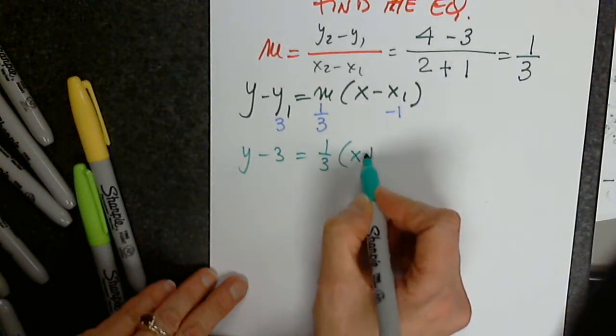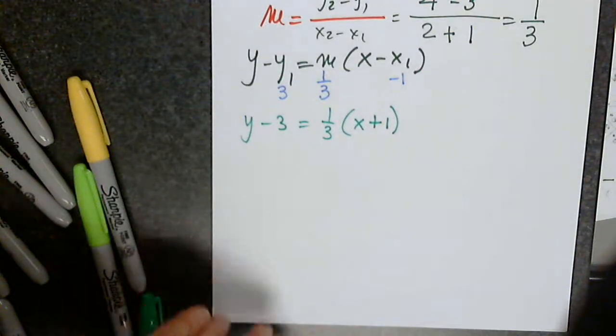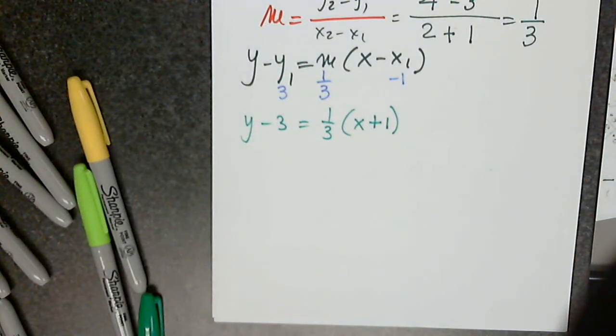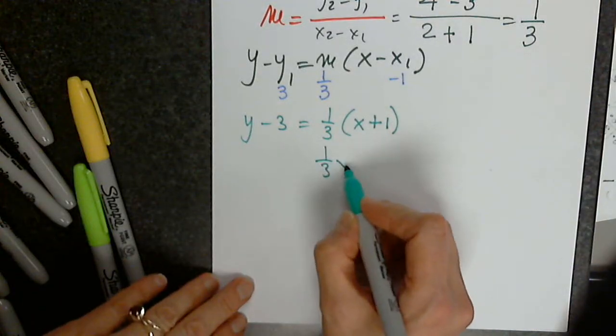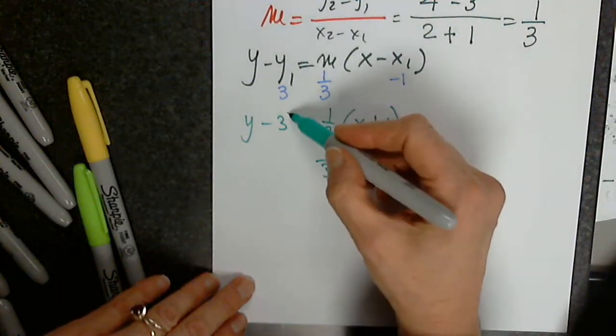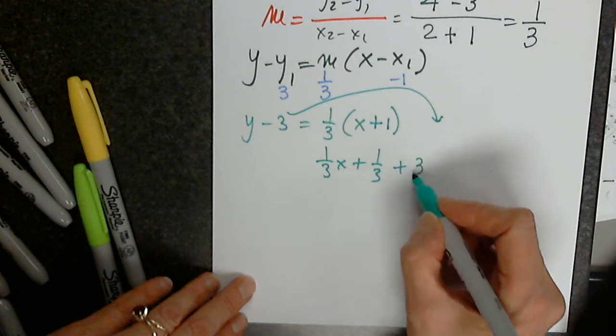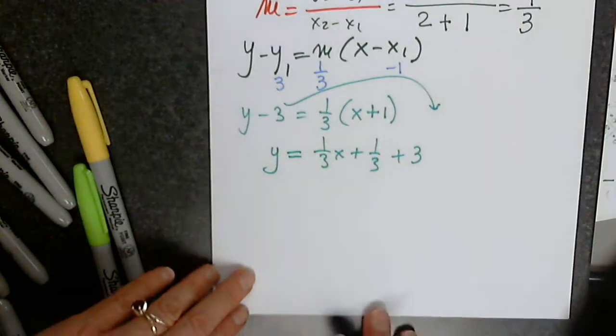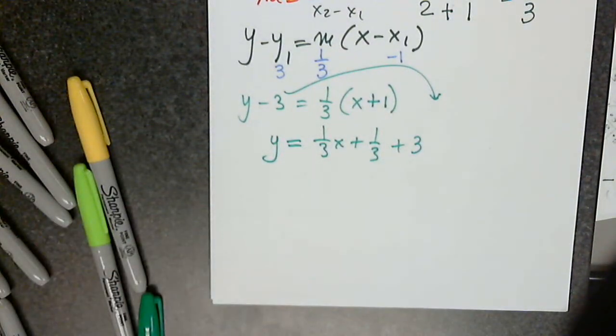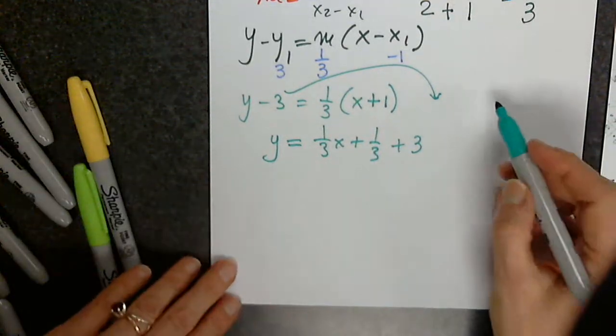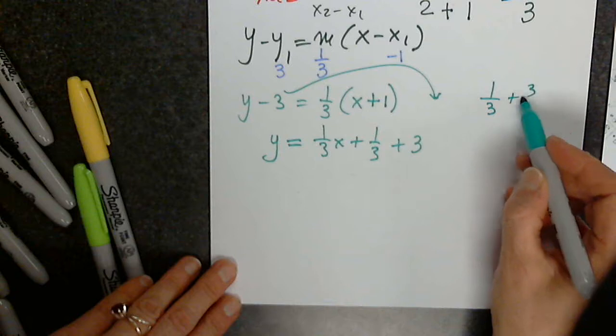1/3 x plus 1. I have to solve for y. I will distribute 1/3 x plus 1/3, and I will have to add 3. When I add 1/3 to 3 over 1, I have to find the least common denominator.